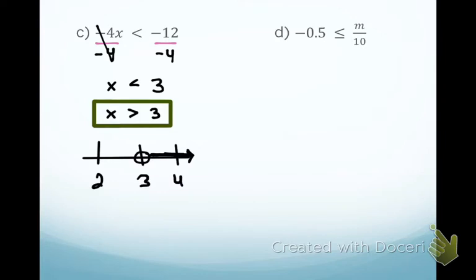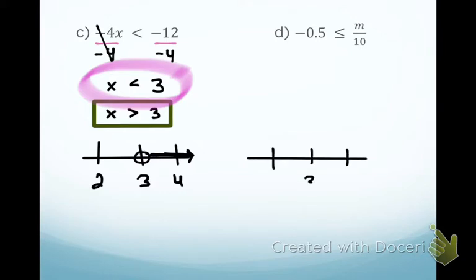Now, some people are confused as to why this was not the answer. You don't need to put this in your notes, but I want to show you what it would have looked like if we had not flipped the sign. So we still would have 3, 2, and 4. It would still be open, but my arrow instead would have gone to the left, right? Guys, what number would have been here? A 1. What would have come next? A 0. Let's try plugging in this 0 up here. What's negative 4 times 0? 0.